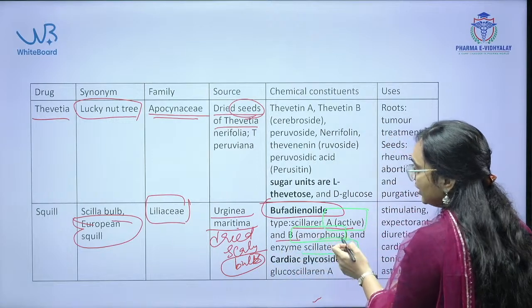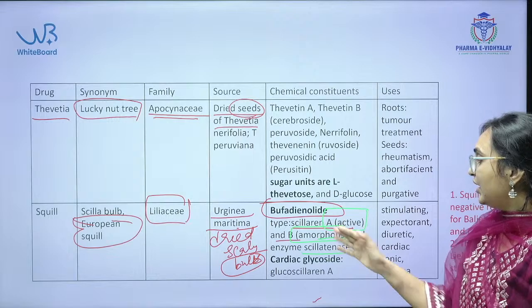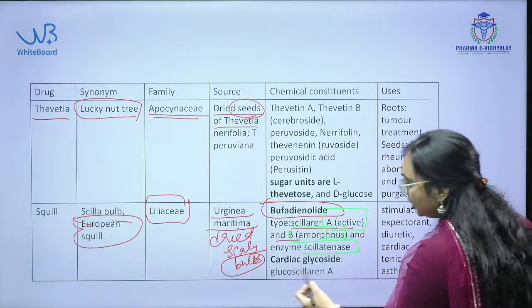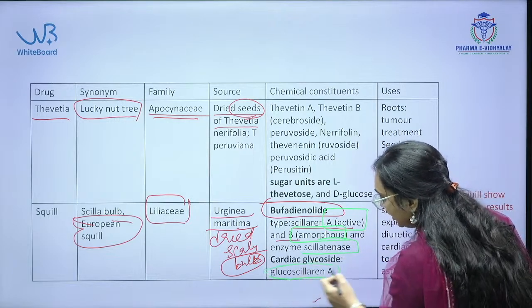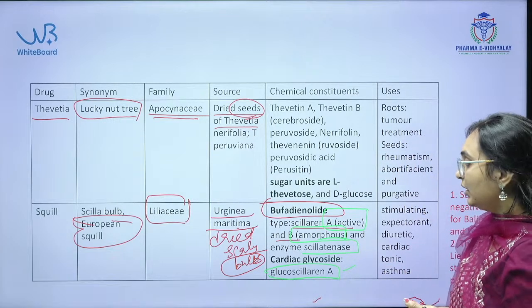Bufadienolide is scillaren A and scillaren B, and cardenolide is glucoscillaren A.